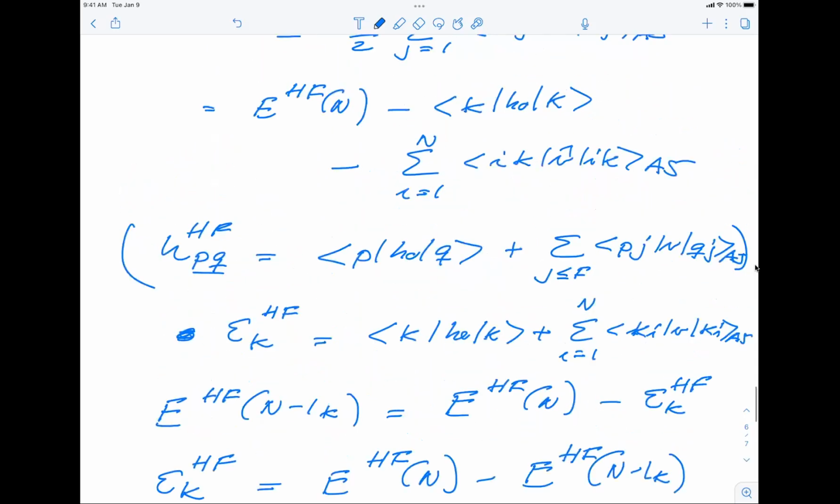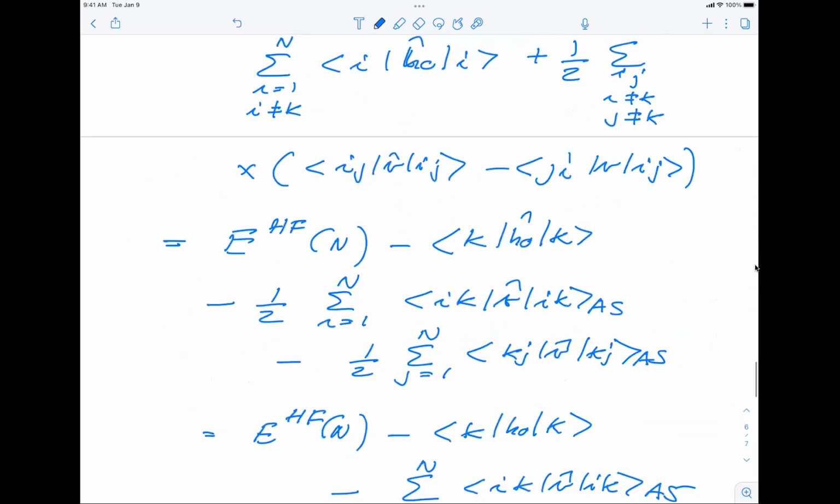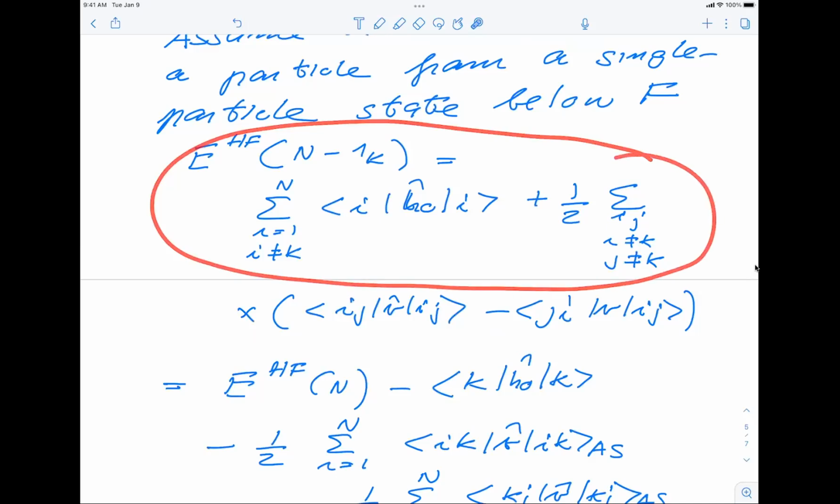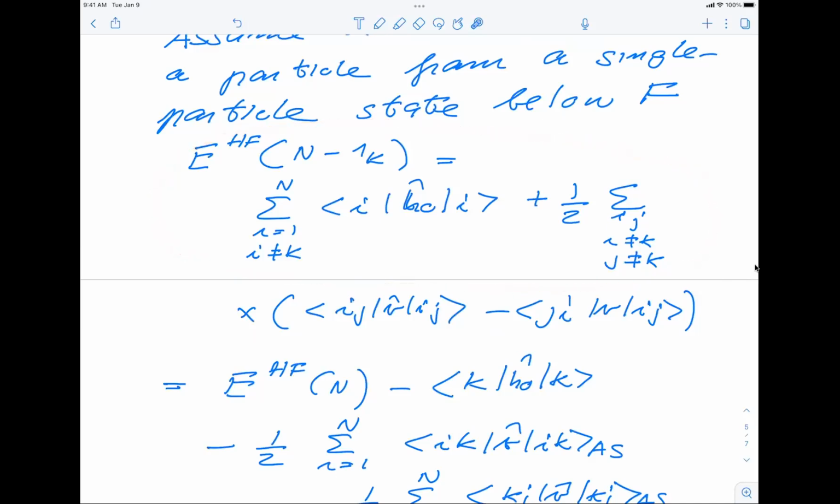Suppose I run a Hartree-Fock calculation for a system with n-1 particles. In principle, these single particle states should not be the same as here, because it's a different system.